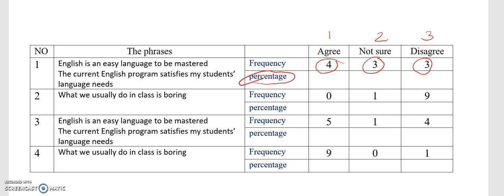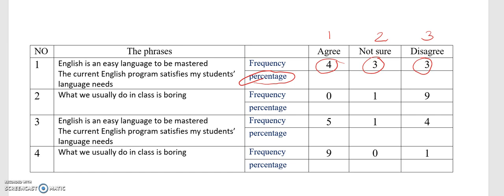I can choose the mean, percentage, or mode. These are different techniques. Here you will use only the percentage, to give the percentage of students who agreed that, for example, English is an easy language to be mastered by students.